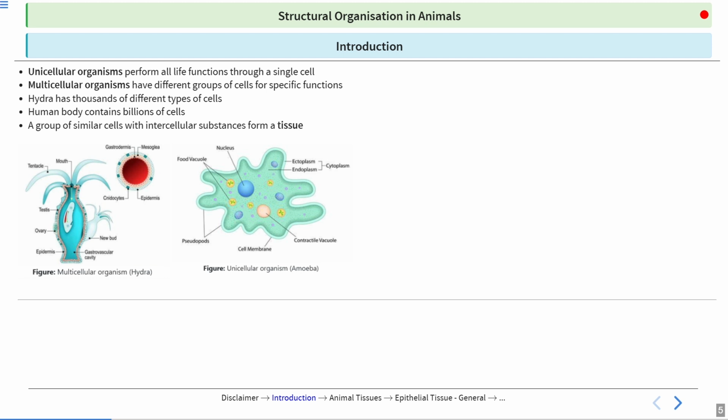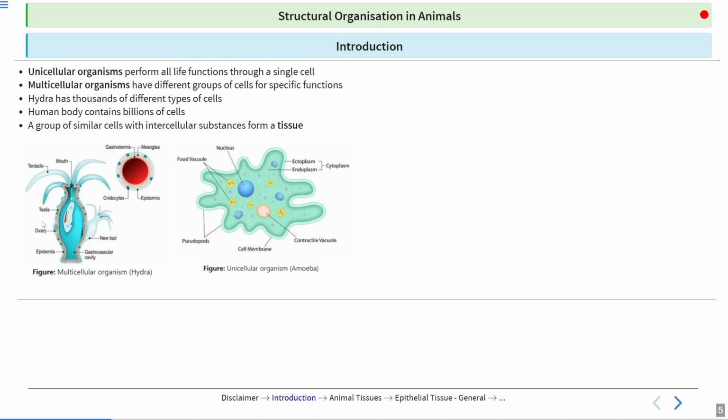So here we can see the unicellular organism in the form of amoeba, and all the metabolic activities occur inside the amoeba only, unicellular, one cell. But here you see in the case of multicellular organism, Hydra, this is a multicellular organism, right? And they form tissues, and they have different structures.